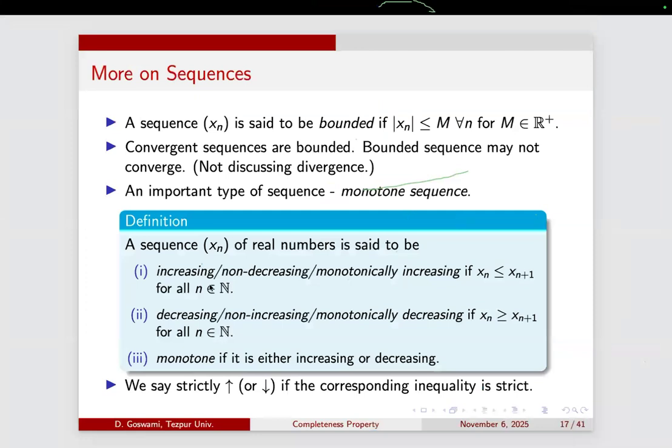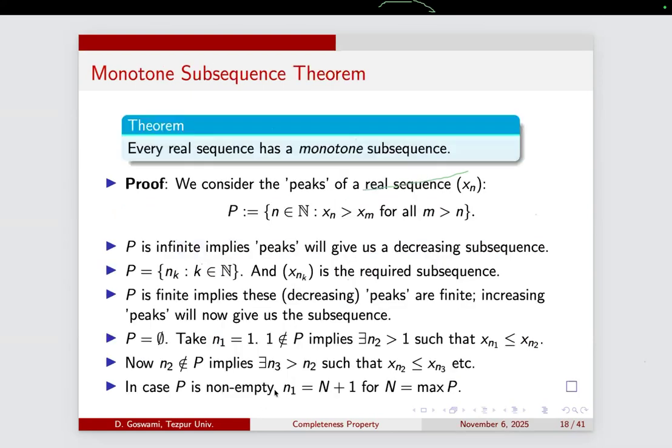A monotone sequence is either increasing or decreasing. So when I say increasing, it may be equal also, and when I say decreasing, it may be equal also. If these are strict inequalities, then we would say that our monotone sequence is strictly increasing or strictly decreasing. Okay, I will skip this.